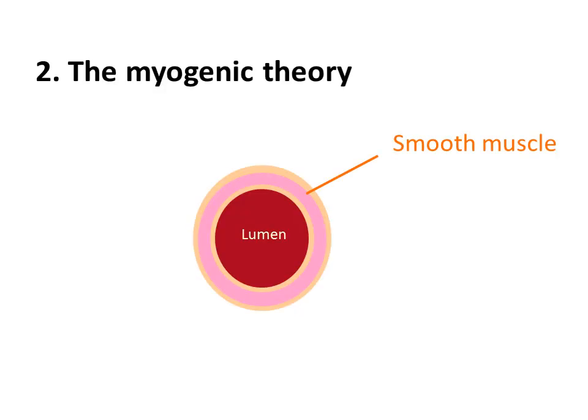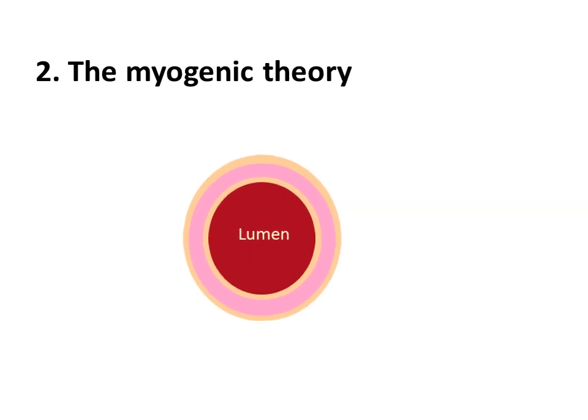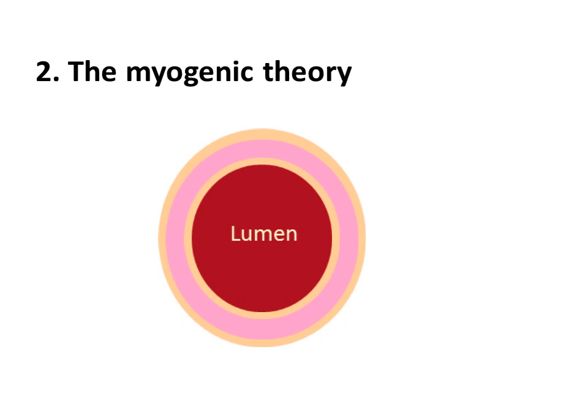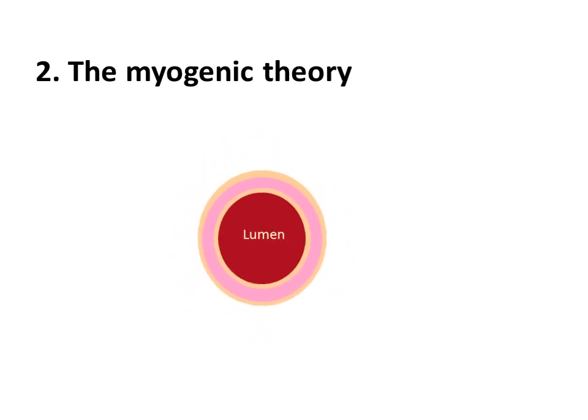The second theory is the myogenic theory. In this theory, sudden stretch of small blood vessels causes the smooth muscle of the vessel wall to contract for a few seconds. When the pressure rises and stretches the wall of the blood vessels, the smooth muscles in the wall of the blood vessel will contract.